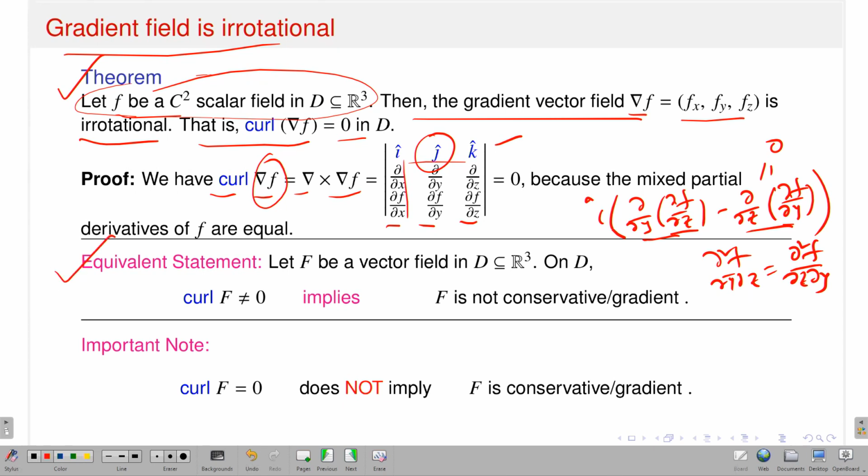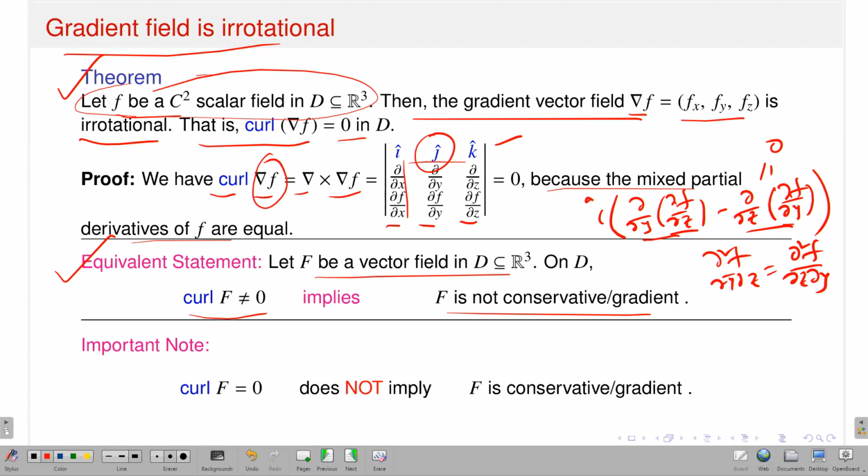So what is the equivalent statement? I have written it because the mixed partial derivatives are equal. Let capital F be a vector field in some domain D in R3. On D, if the curl of F is non-zero, that implies that F is not conservative or gradient.